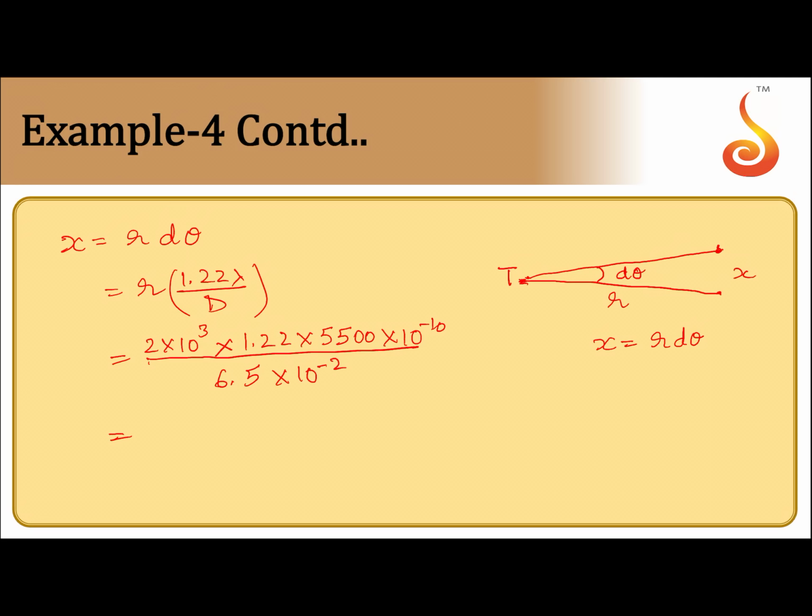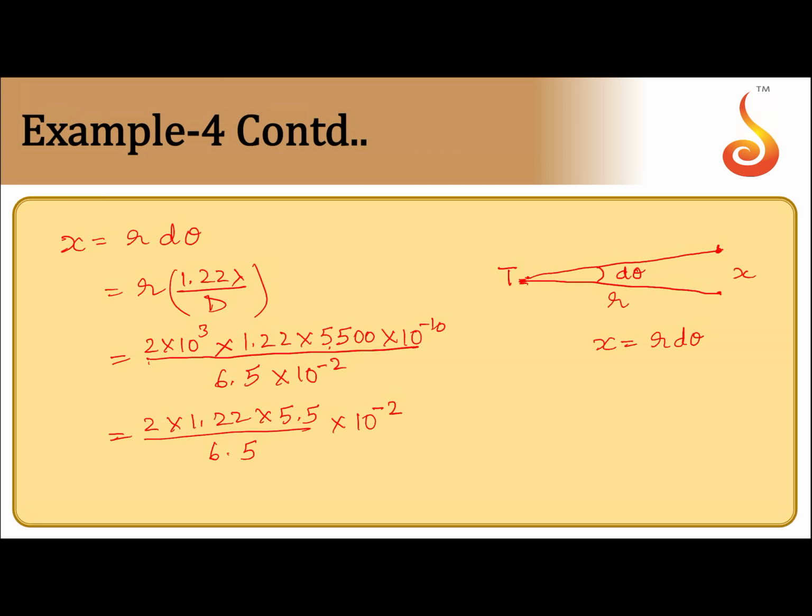Now just simplify this. Take this to numerator, it will be 10 power plus 5. If I shift the decimal places, this will become 10 power minus 7. So plus 5 minus 7 will be 10 power minus 2. You will be left with 2 into 1.22 into 5.5 divided by 6.5 into 10 power minus 2.